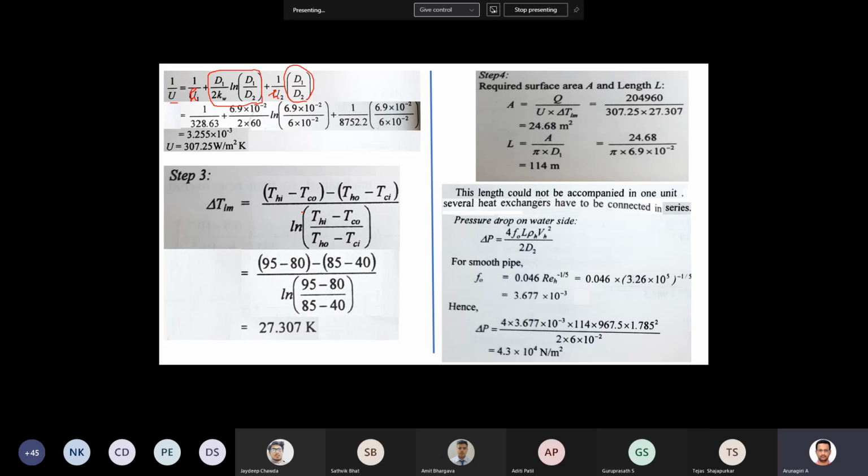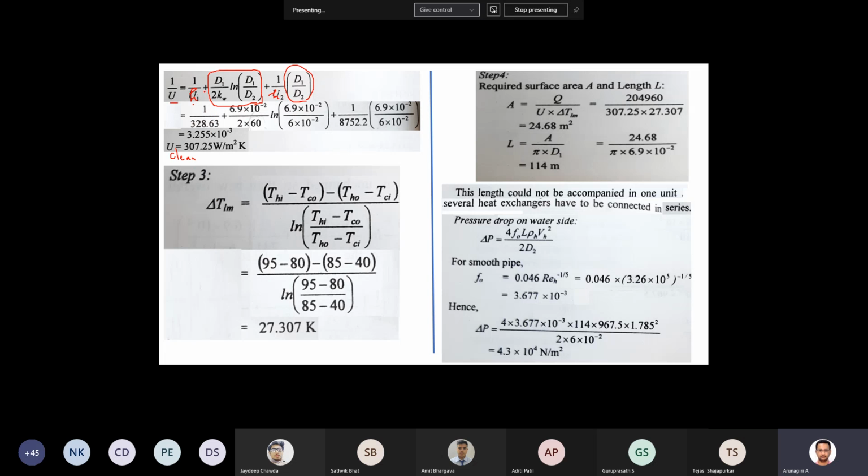Because the outer diameter of the inner pipe is 6.9 centimeter and the ID of the inner pipe is 6 centimeters, the thickness is around 0.9 centimeters, or you can say 9 mm, whatever it may be. So here this is the conductive resistance. These two are convective resistances. So here you can calculate this.